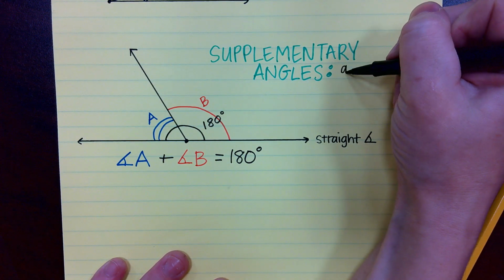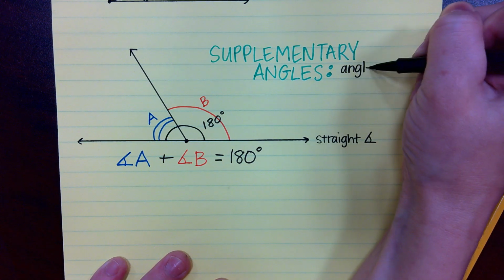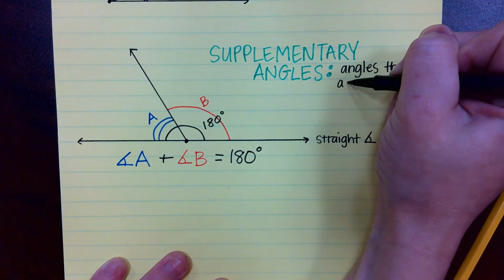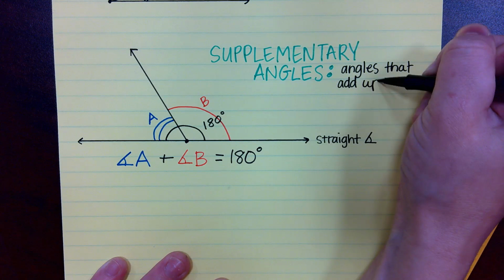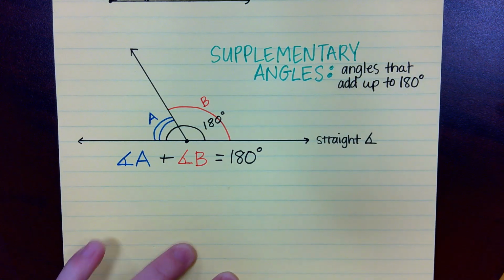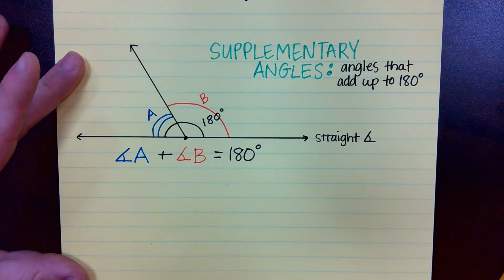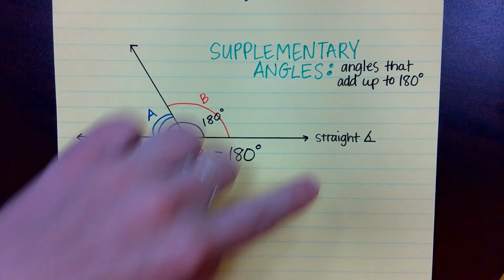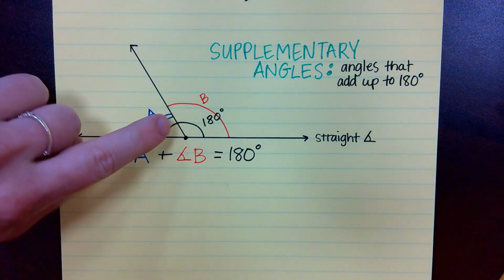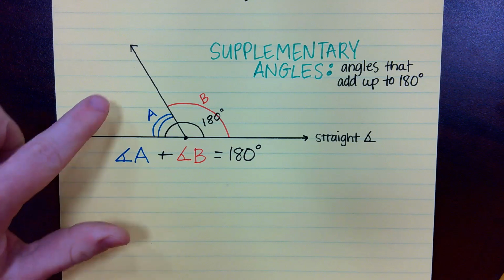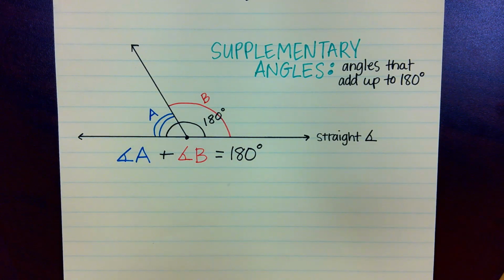Define it, say angles that add up to 180 degrees. So anytime we've got a straight angle and a ray coming out to separate them, we have supplementary angles. We know that those two angles added together are going to give us 180 degrees.